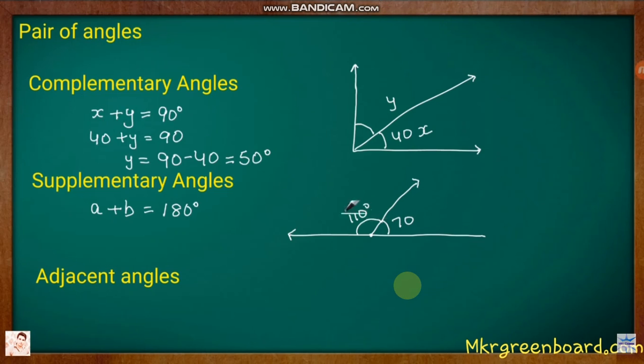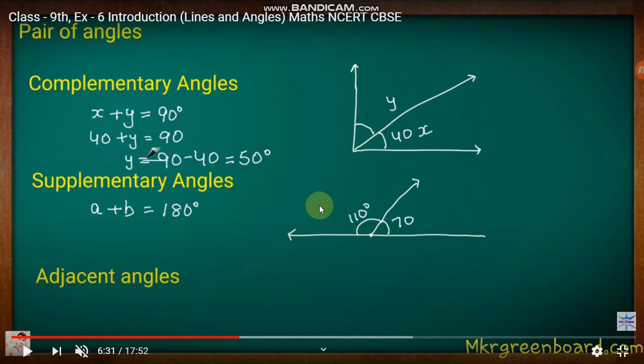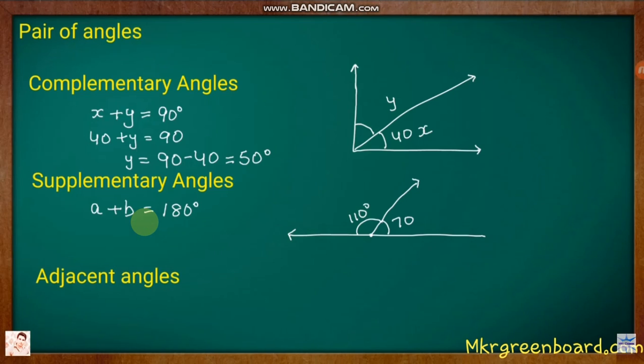We can find angles by this method also. If one angle is given and the other is unknown, we can solve it like x plus y is equal to 90 in complementary angles. For supplementary angles we can take a plus b or x plus y, any algebraic variables, equal to 180 degrees, and solve again by this method. So we have to remember this.